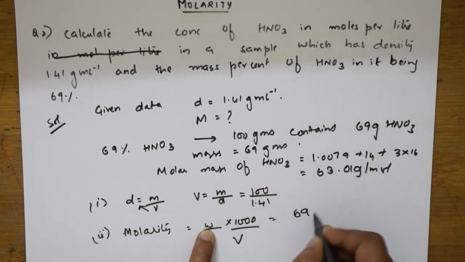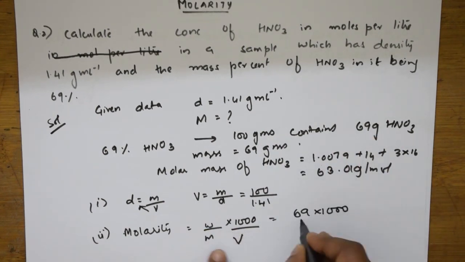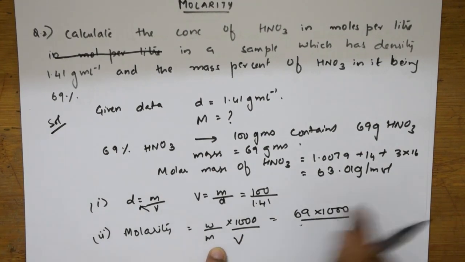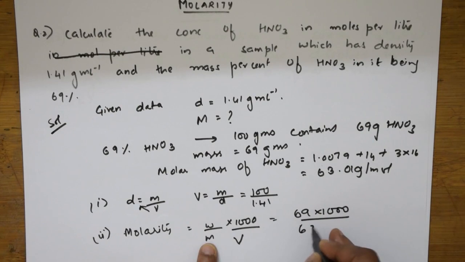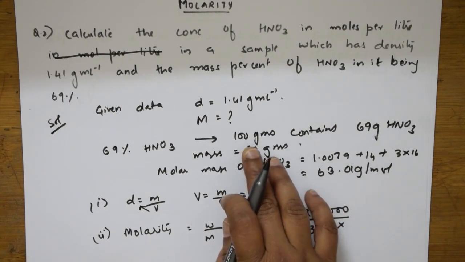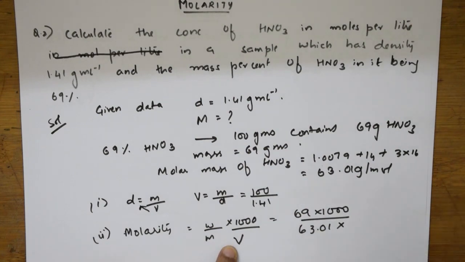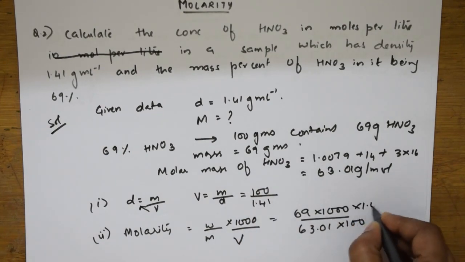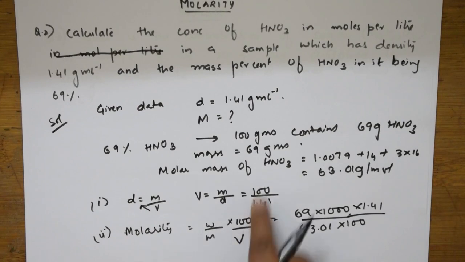69 into 1000 divided by the molar mass, 63.01, into the volume. Volume is 100 grams, 100% means 100 grams, isn't it? So here we have 100 by 1.41, because volume is 100 by 1.41.